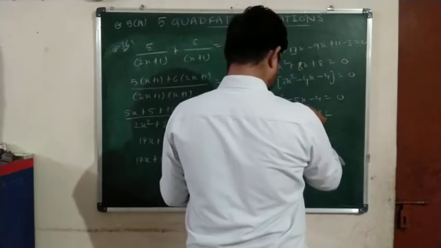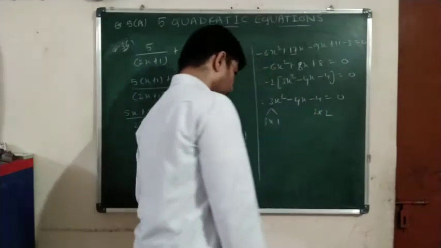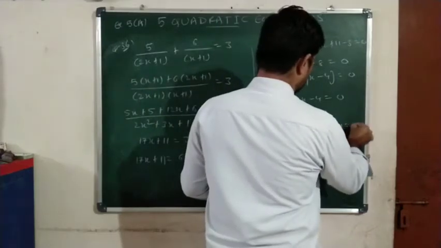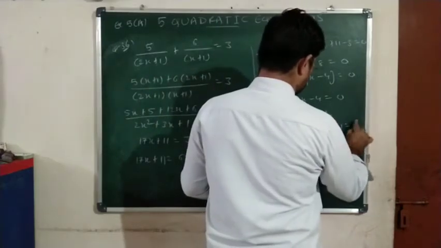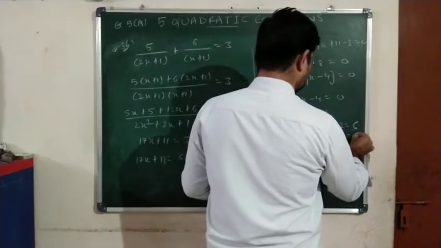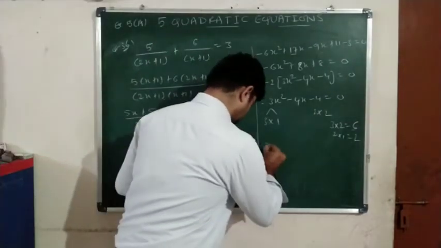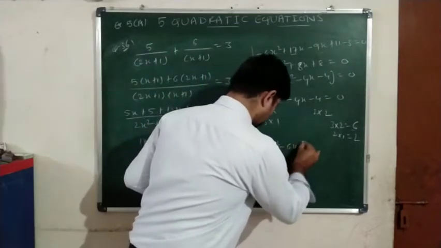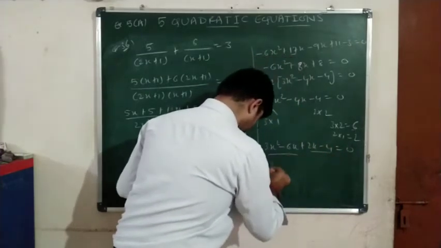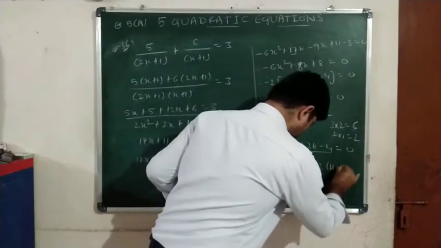Okay, and then we can write 4. So now 6 and 2. So 3 ones are 3 and 2, 3 twos are 6 and 2 ones are 2. So 6x and 2x. Clear? So 3x square minus 6x plus 2x minus 4 is equal to 0. 3x common, x minus 2, plus 2 common.